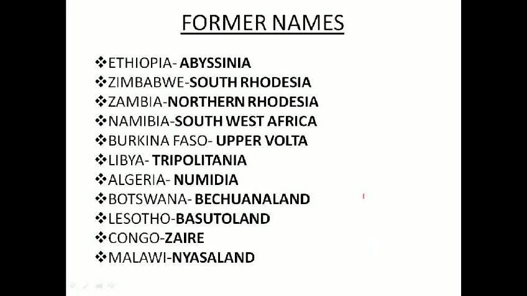Now in Africa, many countries either in history or in old maps, we used to have other names. So they are former names. Like for Ethiopia, once its former name was Abyssinia.